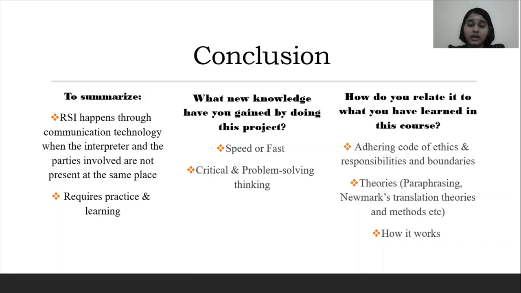I would say that when I was interpreting, I followed the code of ethics of interpreters, which is introducing myself, telling what languages are going to be used in the interpreting session, using first pronouns, and so on. Furthermore, I used some theories that I learned in the course when interpreting, which are paraphrasing techniques, Newmark's translation theories and methods, and so on.